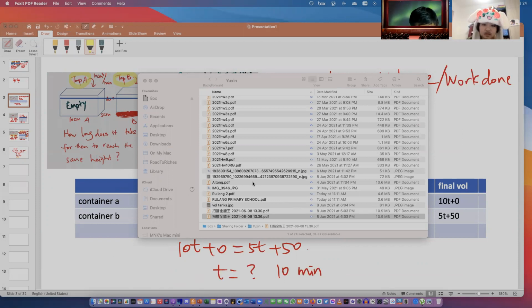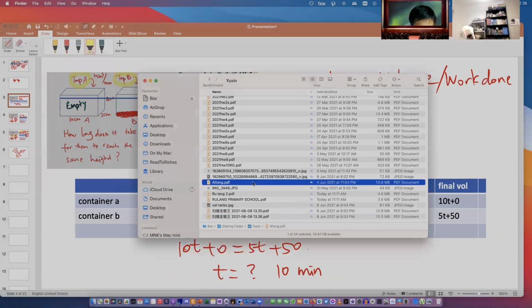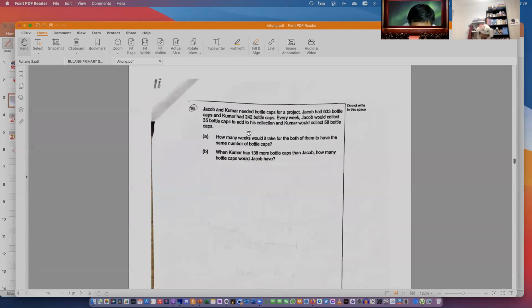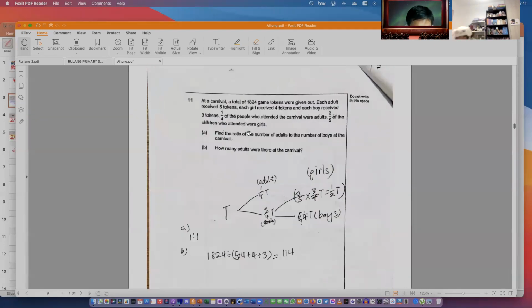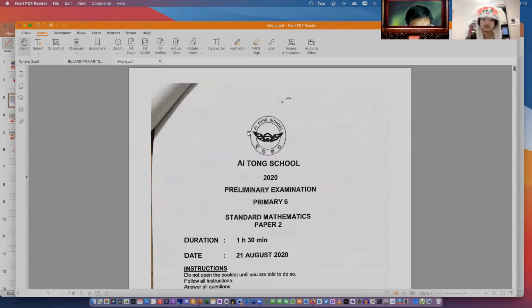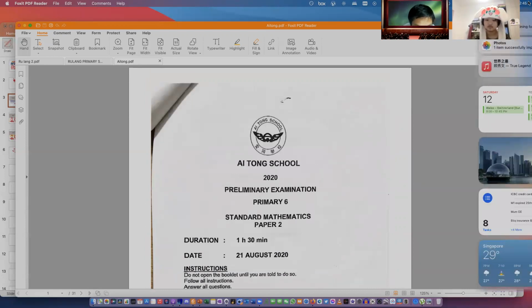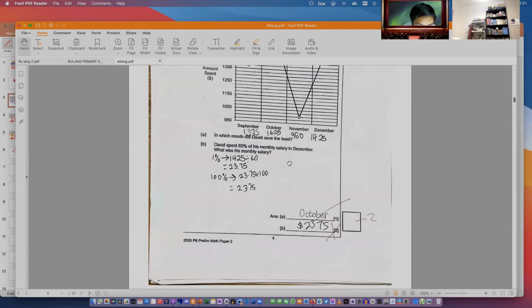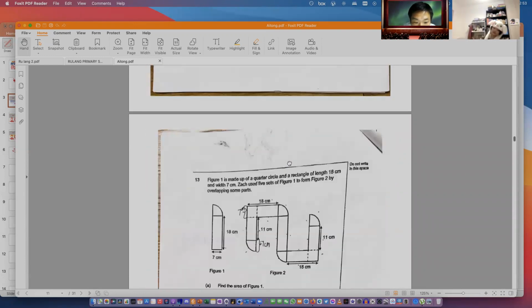Last week your paper is Ai Tong, right? I think so. Okay, let me open Ai Tong. Ah, this is the one. Last week people did Singapore Chinese. Never mind. Probably you have done 2 papers. But anyway, I want to talk about Ai Tong.